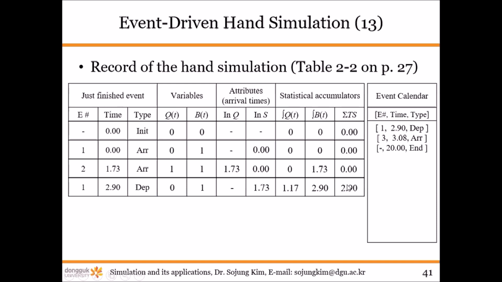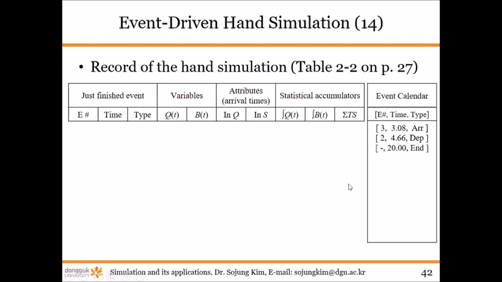All right, and then tally statistics. Now we have a departure event, so you need to update the tally statistic here, total waiting time and total service time, right? The time in system of entity 1 is 2.9: no waiting time, and 2.9 as service time. So the summation, 0 plus 2.9, gives you 2.9.